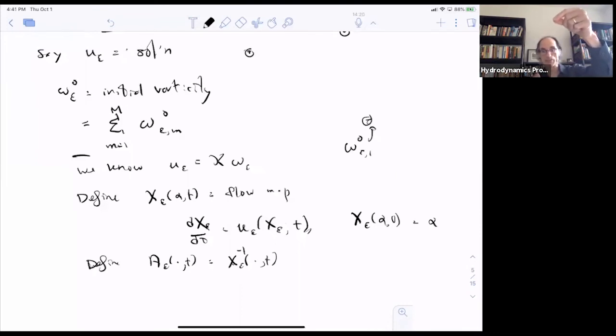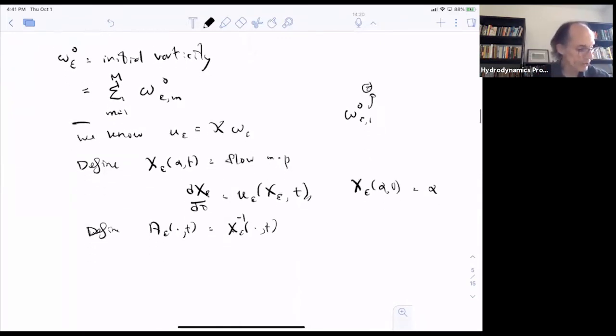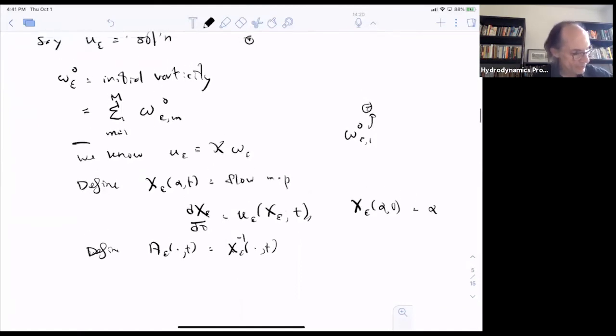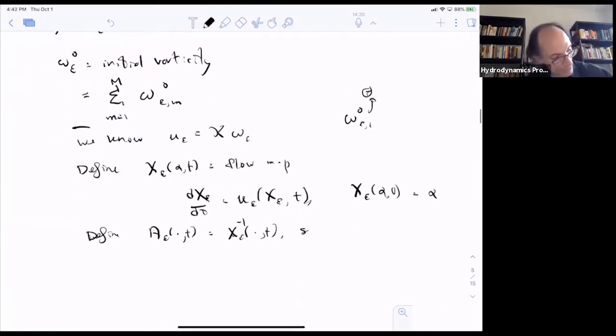A is the map that takes the position at time t and carries us back to the initial position. And so we know that the vorticity at x and t is the initial vorticity at the corresponding label. Okay, that's the vorticity transport.